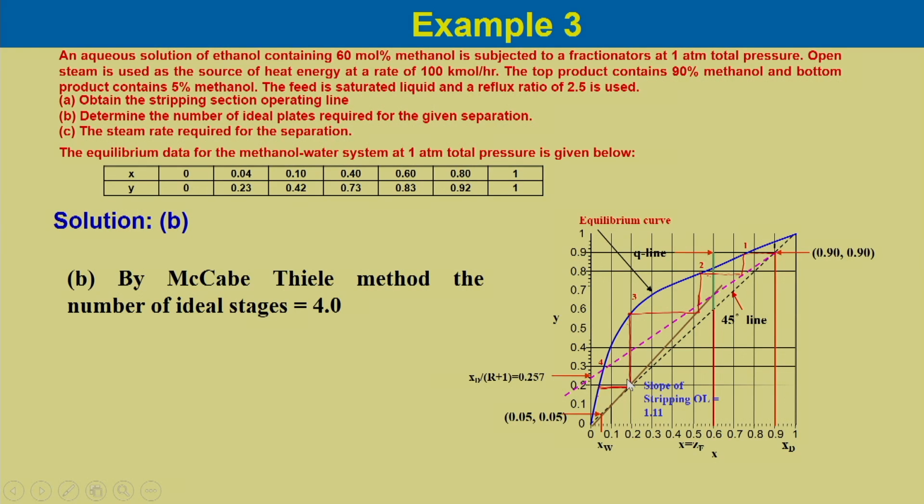If you look at this, about four ideal stages are required for this particular separation.